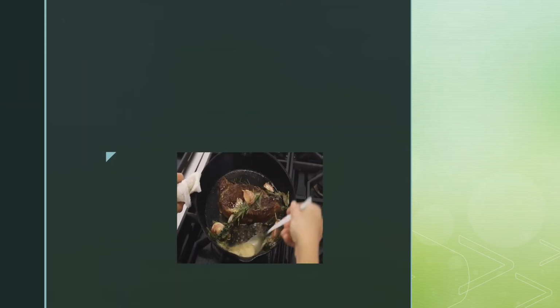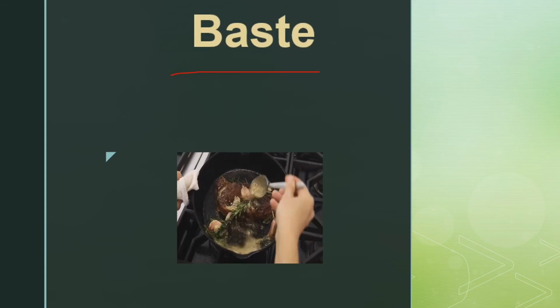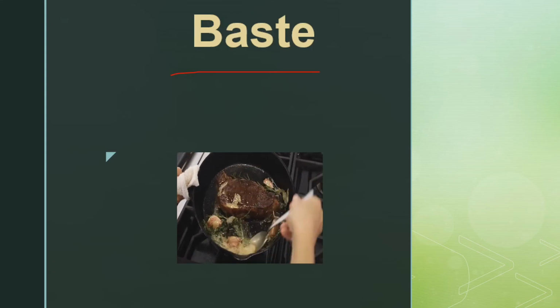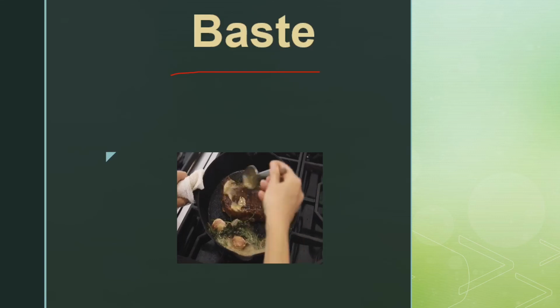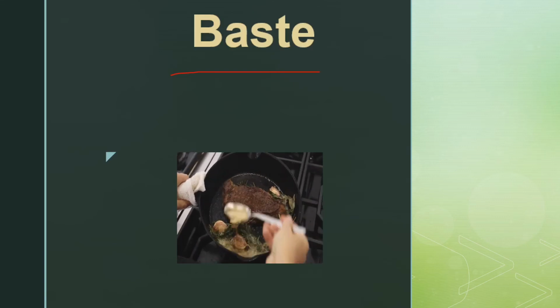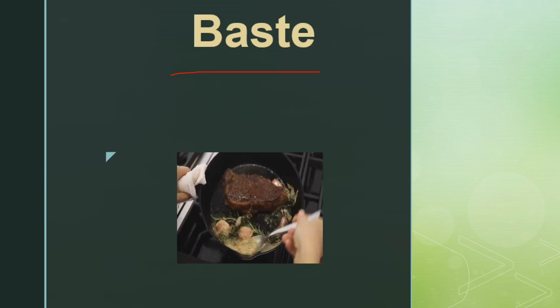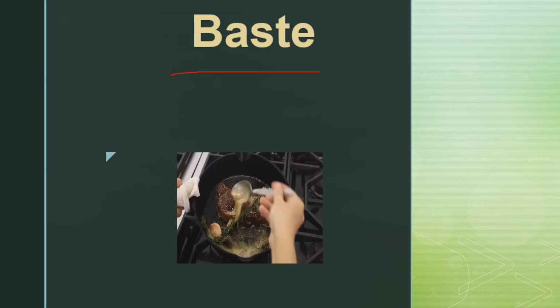Our next cooking term is to baste. It is the process of moistening food while it is being cooked, especially meat, with pan drippings, butter, sauces, or some other liquid in order to keep it moist. In addition to contributing moisture, basting adds flavor to the surface of the meat.